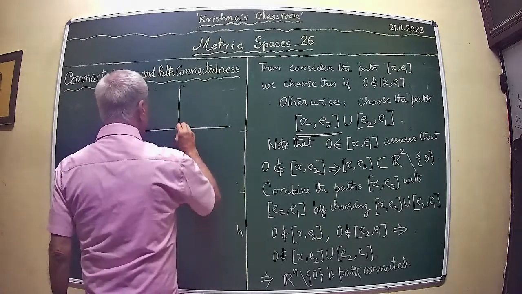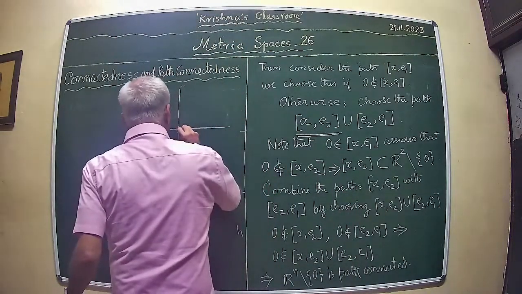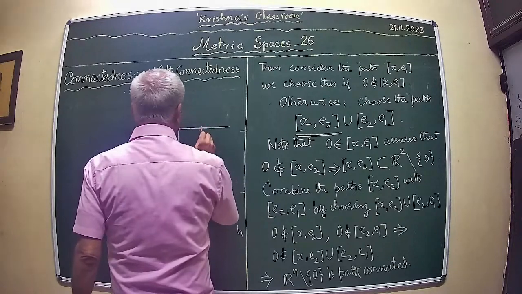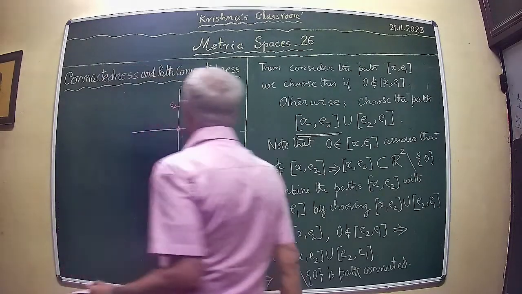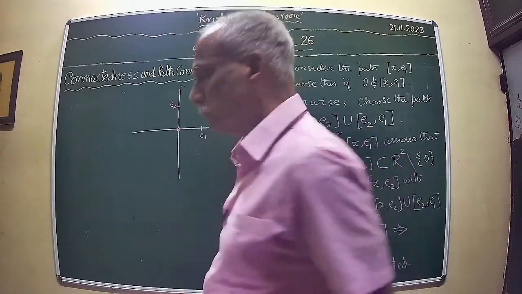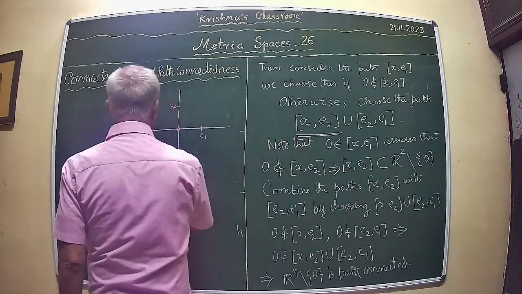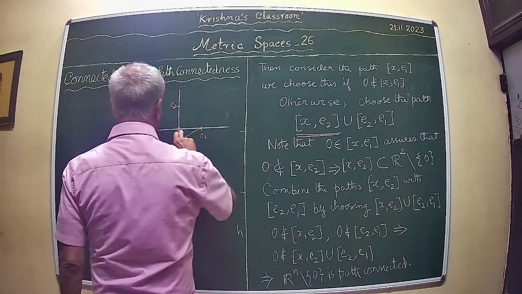So you have deleted the 0 from Rn. Now you have E1, you have these two vectors. Now you choose any X. Suppose you choose an X anywhere here, you can connect it as long as 0 is not on it.